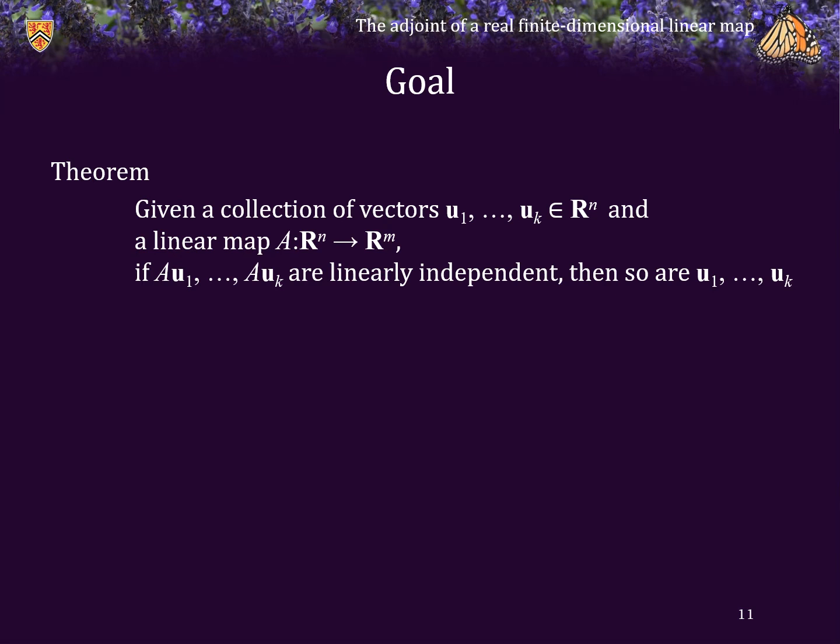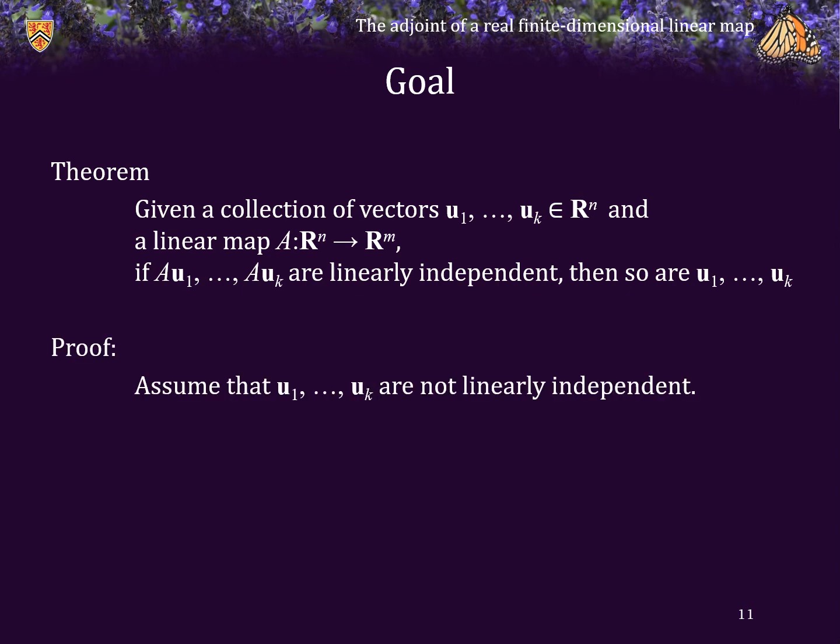Now, given a collection of vectors u1 through uk in R^n and a linear map that takes R^n to R^m, if the collection of vectors A applied to u1 through A applied to uk in R^m forms a linearly independent collection of k vectors, then the original k vectors are also linearly independent.